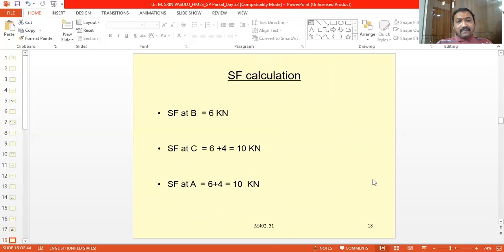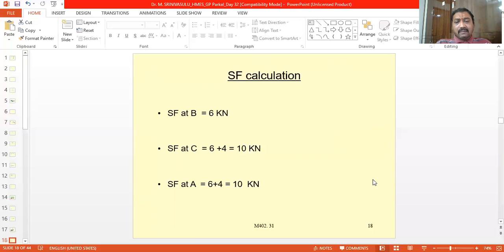Now coming to the calculations of the shear force. What is the shear force? If we take any section, the section can be considered at any point on the beam.